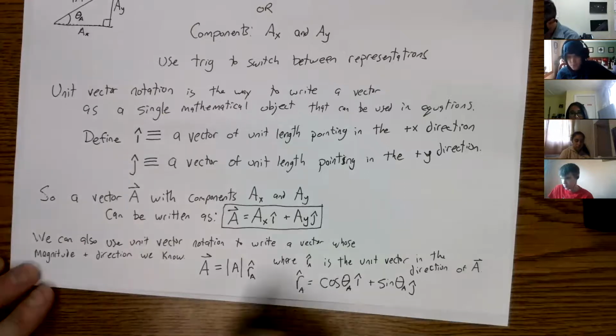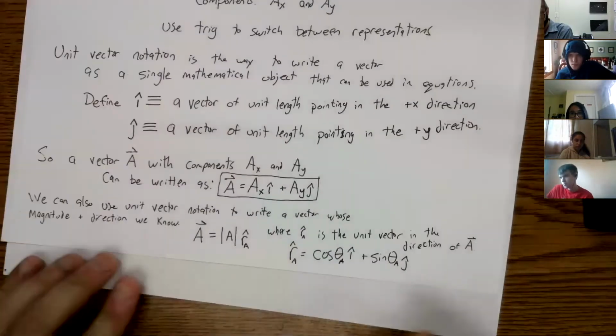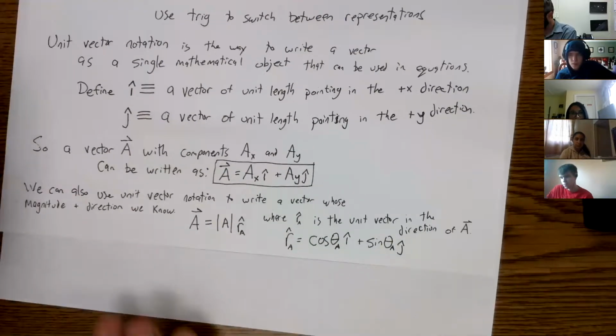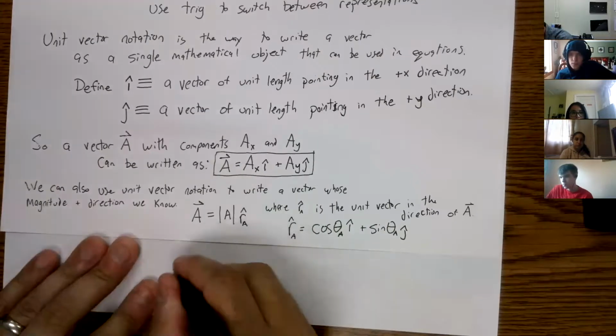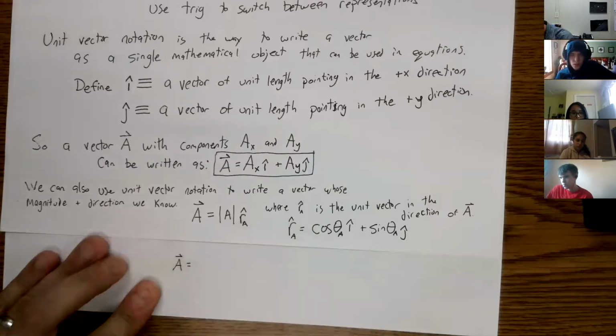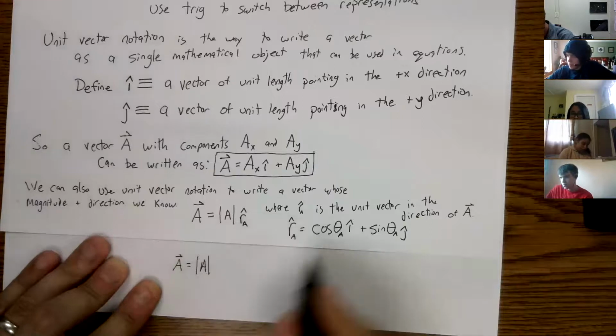So let me just plug this into here. I wish I had one more. Actually, here we go. We can write vector A as the magnitude of A times this piece here.